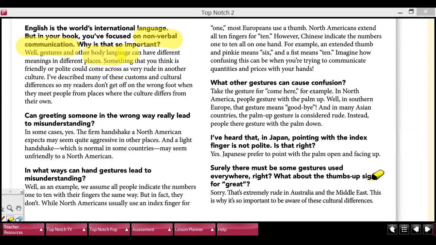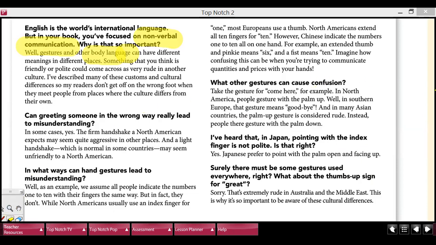English is the world's international language, but in your book, you're focused on non-verbal communication. Why is that so important? Well, gestures and other body language can have different meanings in different places.